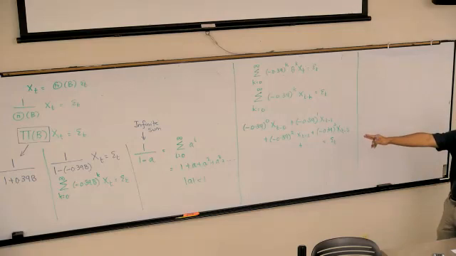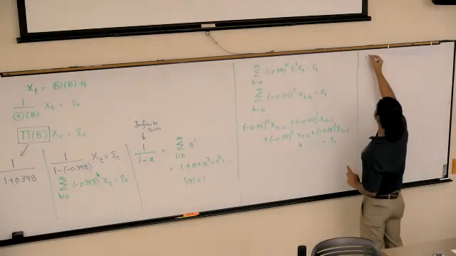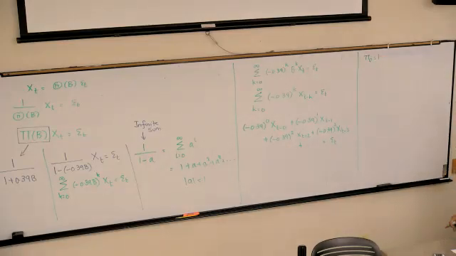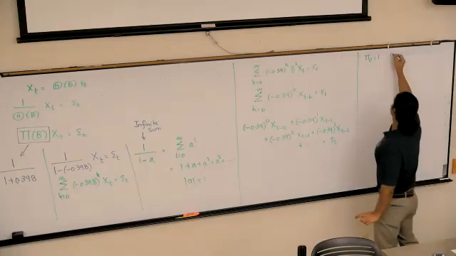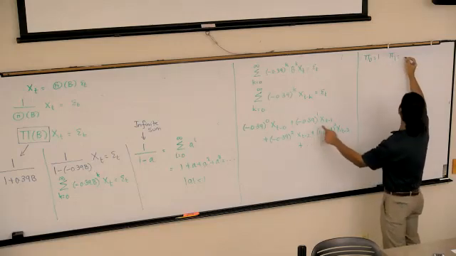Negative 0.39 raised 0 is 1. That value is pi naught. Just like we have psi values, we have pi values. Pi 1 is negative 0.39.